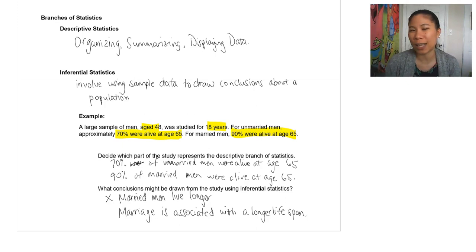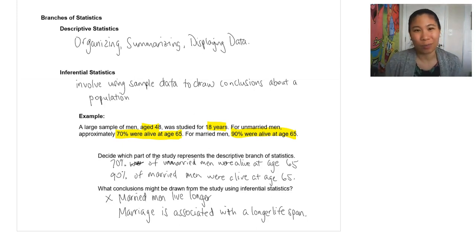this is more just saying there's a pattern, there's a trend here that I see. I don't know if this is exactly why people live longer. Being married might be a reason, but it's not the cause, I don't think. That's how we want to be careful when we word our stuff.